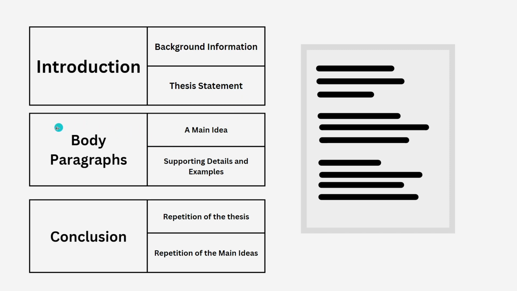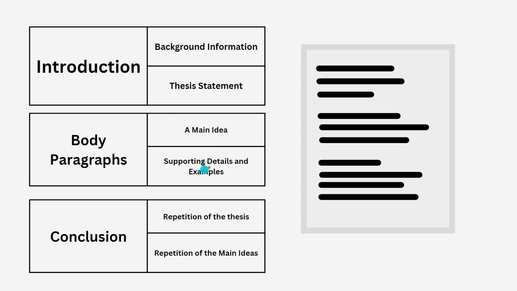After your introduction, you've got the body paragraphs. 2 or 3 body paragraphs is generally enough. Some people like to write 4, and that's fine too. Each body paragraph should include a main idea, that is a reason for your thesis. And following that main idea, you should include supporting details and examples.